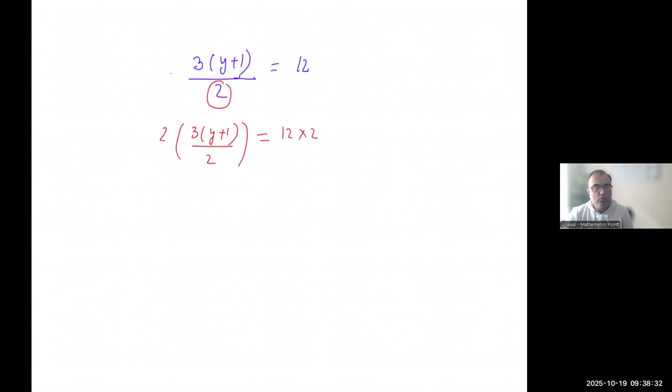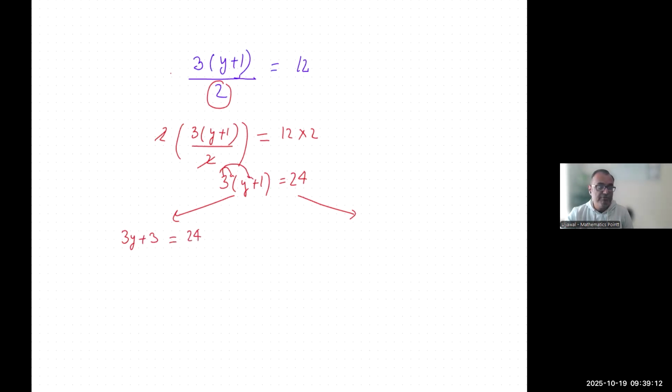Now, 2 and 2 will cancel, and you have 3 times y plus 1 equals to 24. Now, there are 2 ways of solving from here. I can open the brackets up on the left-hand side, and that will be 3y plus 3. So 3 gets multiplied using distributive law equals to 24.